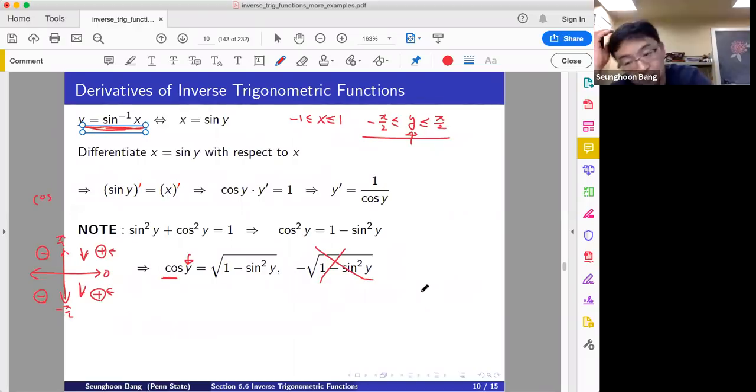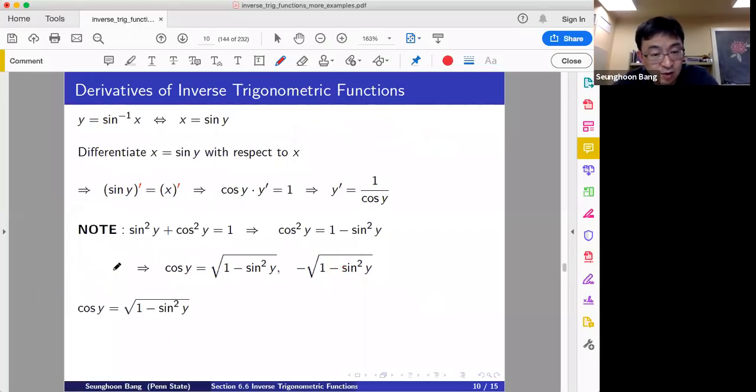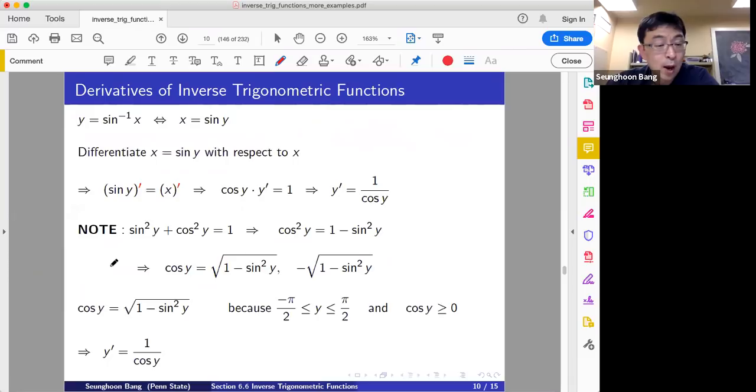You got it? So we only use the positive one, because y is between negative pi over 2 and pi over 2, and cosine of y is positive there. This is the reason. Here, y prime equals 1 over cosine of y.